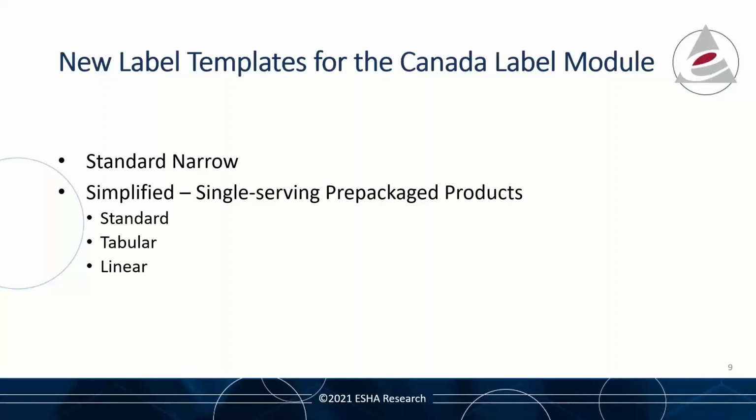In Genesis 1110, we've added the following formats to the labeling module for Canada. You'll see the standard narrow label format and simplified single serving prepackaged products labels that provide standard vertical, tabular, and linear styles for that.